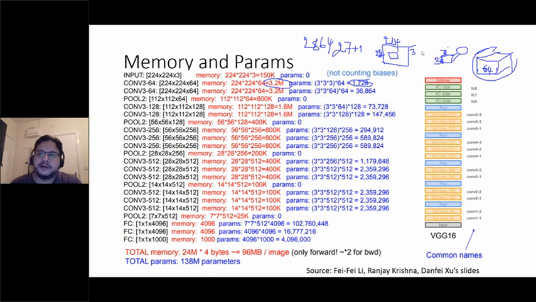Now here we want to compute how much RAM we need. How much memory do we need? We have the number of parameters, this one. But to compute how much RAM we need to store this feature map, we need to compute it. Generally the length and the height of this feature map are the same as the image if you use padding.